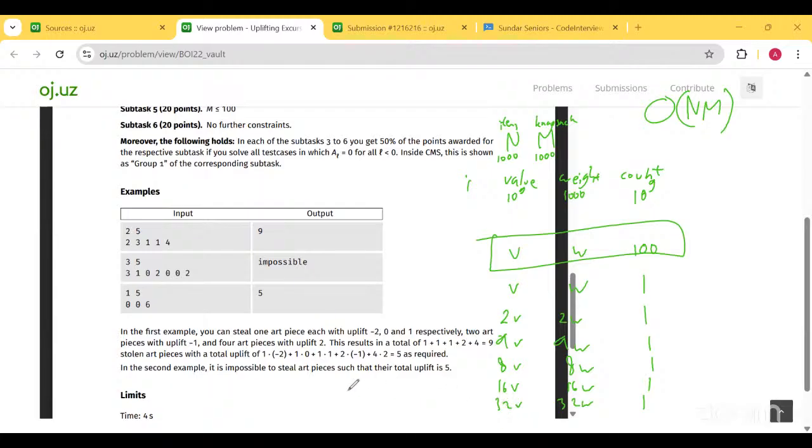What else? After that, (37v, 37w). Right? Wait. One more 32. All right. Yes, I think just make it 37.